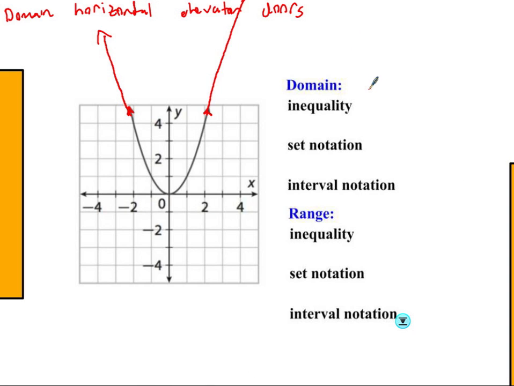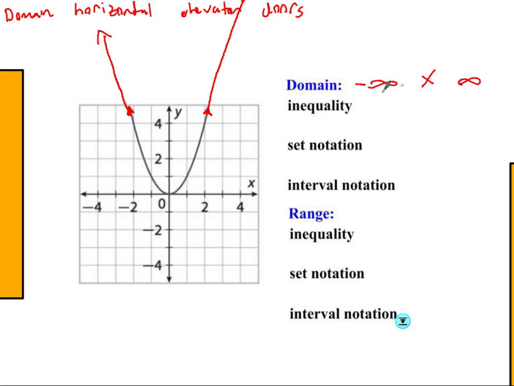what is going to be my smallest and largest values? Since these elevator doors are actually never going to stop, my smallest value is actually going to be negative infinity, and my largest value is going to be infinity. Now, because we're talking about domain, you have to use the variable x.